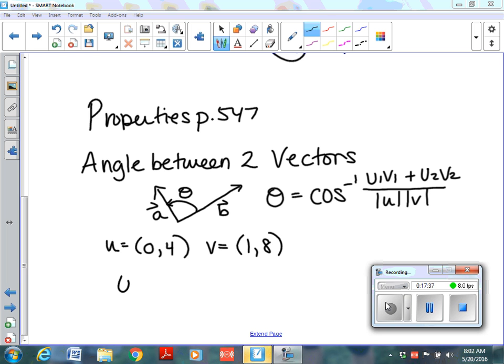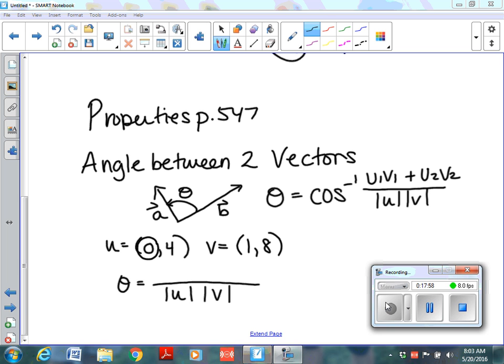If you want to find the angle between these, I don't know if this is going to work, but you need to find the length of u, and you can find the length of v using the distance formula. And then what do you do up here? You take u1 and multiply it by b1.